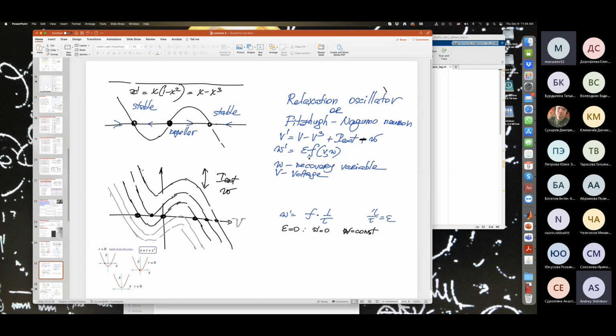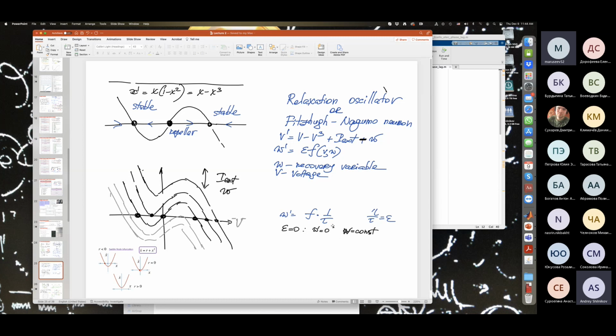That's why on the right-hand side of the second variable, W, there is this parameter epsilon, which is small and positive, which basically makes the rate of change of W on the order of magnitude of epsilon. So if the f function is on the order of magnitude of 1, the rate of change of W is about epsilon.